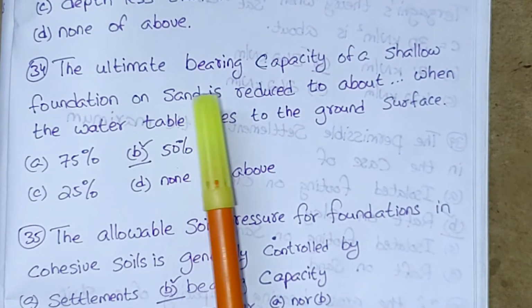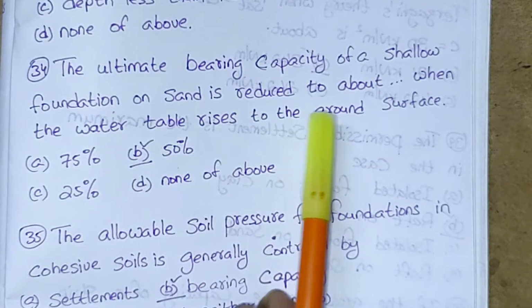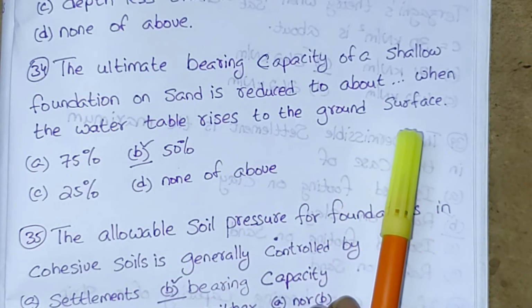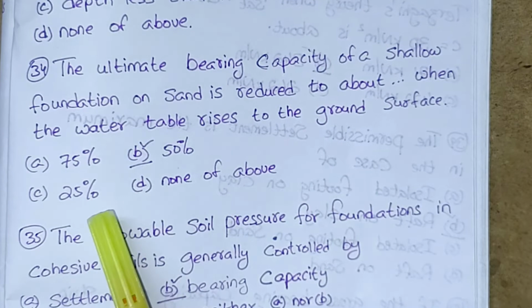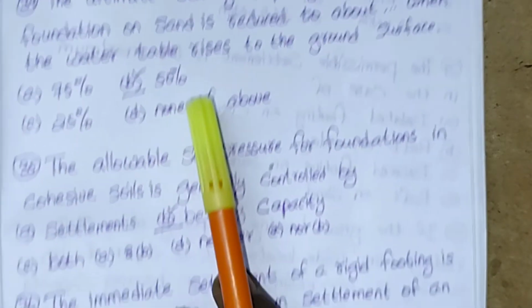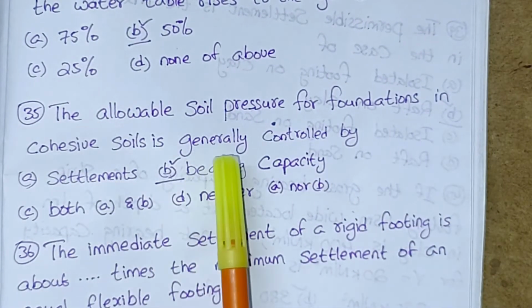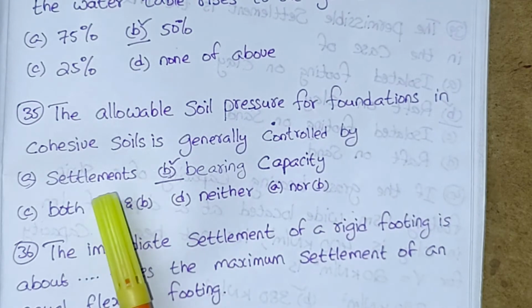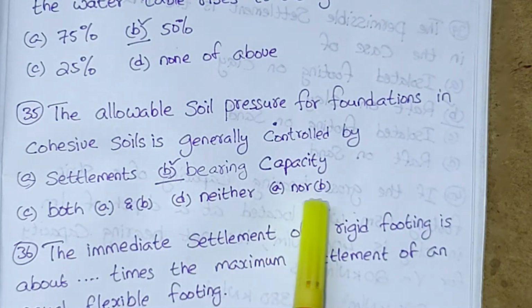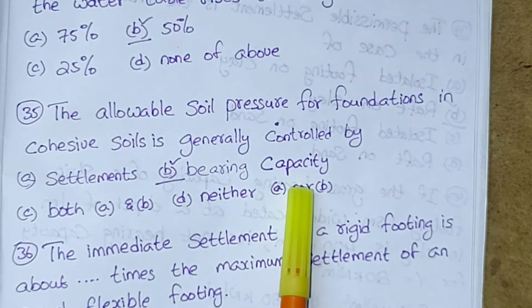The ultimate bearing capacity of a shallow foundation on sand is reduced to about, when the water table rises to the ground surface, 75%, 50%, 25%, none of the above. So the correct answer is 50%. The allowable soil pressure for foundations in cohesive soils is generally controlled by settlement, bearing capacity, both A and B, neither A nor B. So the correct answer is bearing capacity.